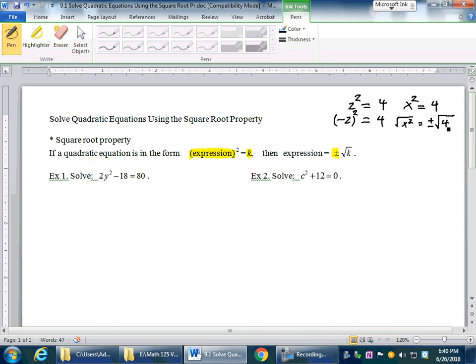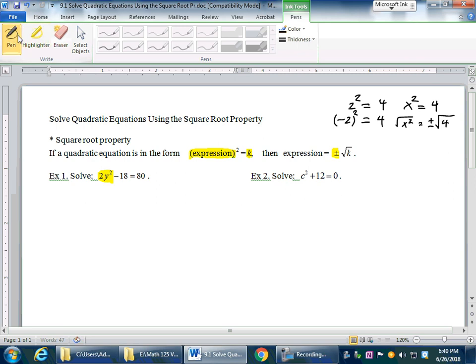So, for example 1, can we apply the square root property on this quadratic equation? The idea is to try to cover up the square term. If the other terms on both sides of the equation have no more variable, then we can use the square root property.